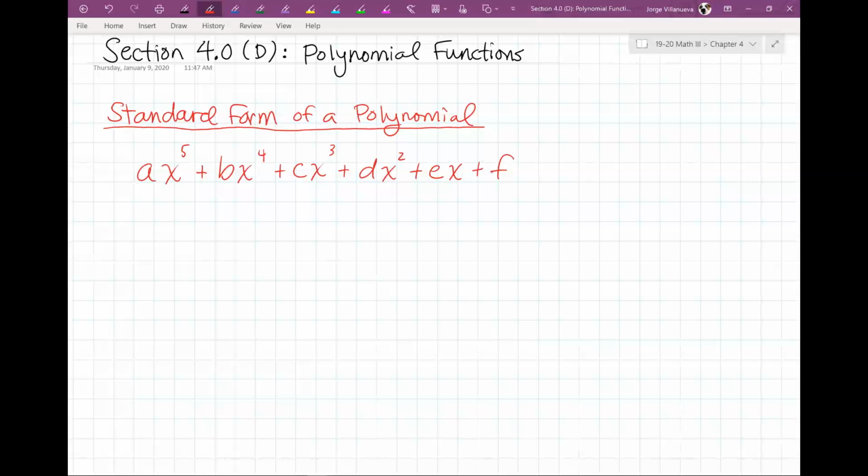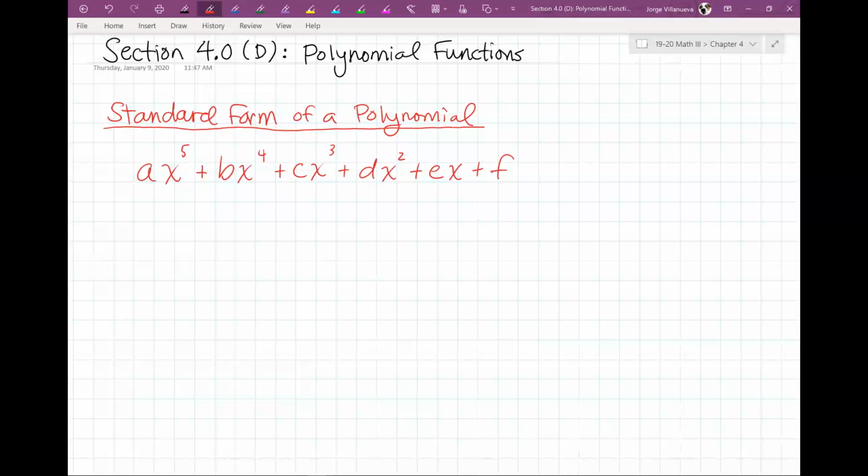All right, so it counts down. So whenever you write things in standard form, you write them in descending order. Maybe they don't say it here, but they'll tell you that the standard form should be in descending order from highest to lowest.